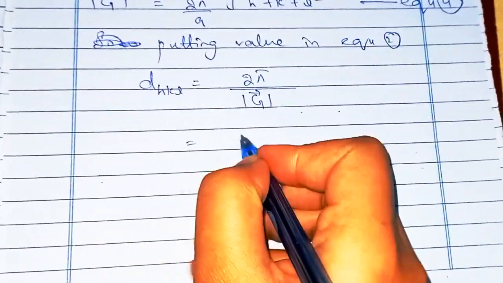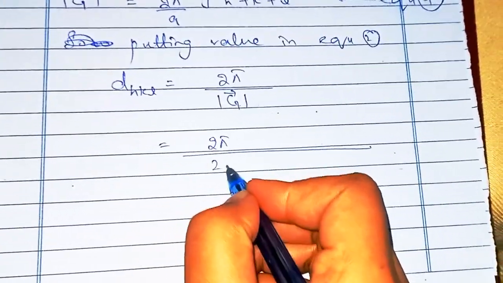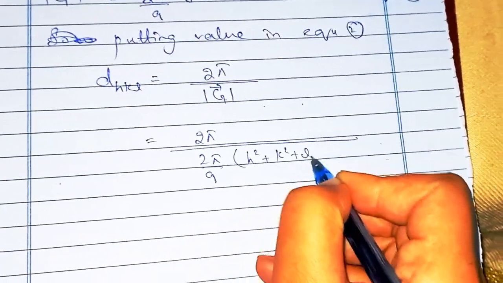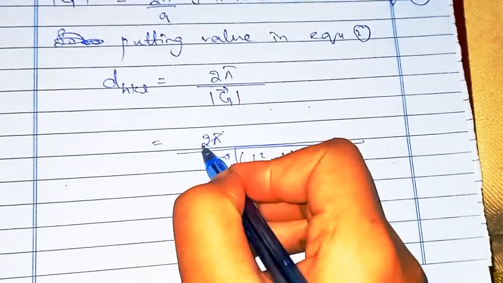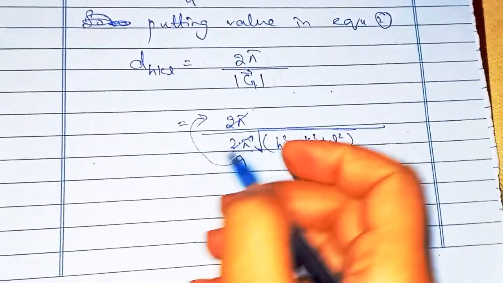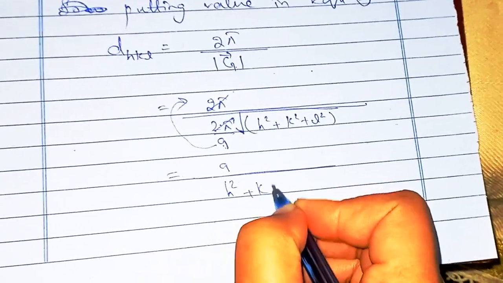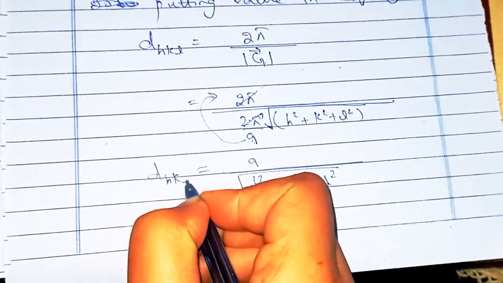Okay, so 2 pi by, let's put the value, it's in the denominator, so 2 pi by a into h square plus k square plus l square under root. Now this 2 pi cancels out, it's 1 over a, it just jumped into the numerator, so it's a over h square plus k square plus l square under root, and this is d only.